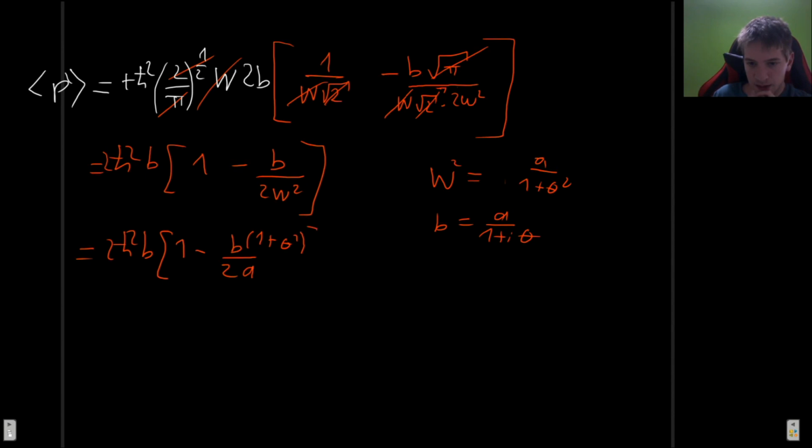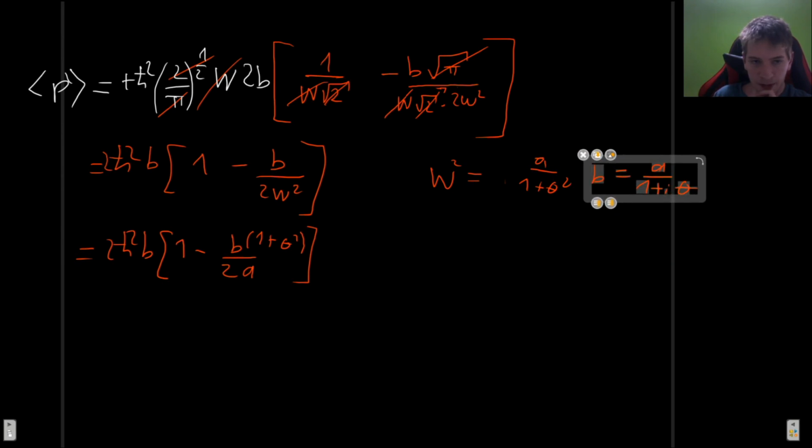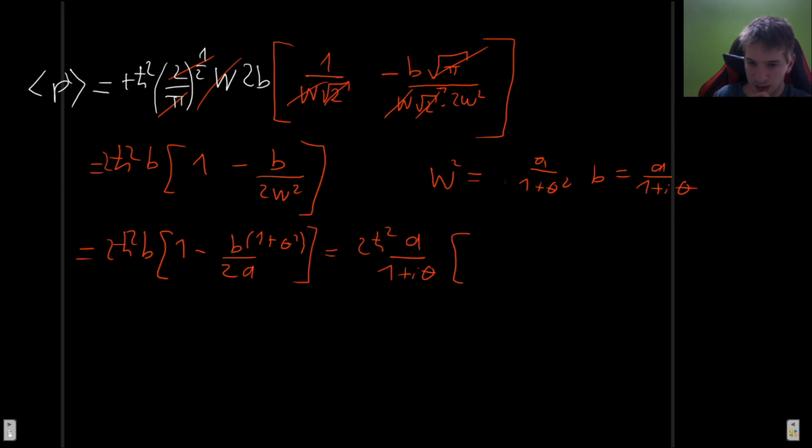So yeah, now we can replace here, let me move this. So now we can replace the value of b, 2h bar squared, and b, as we said, is a divided by 1 plus I theta, with 1 minus, then instead of b we get a, and this 1 plus theta squared we can write as 1 plus I theta, 1 minus I theta, and then we have to divide this by the 2a that was already there, but also by what comes inside of the b, which is 1 plus I theta.